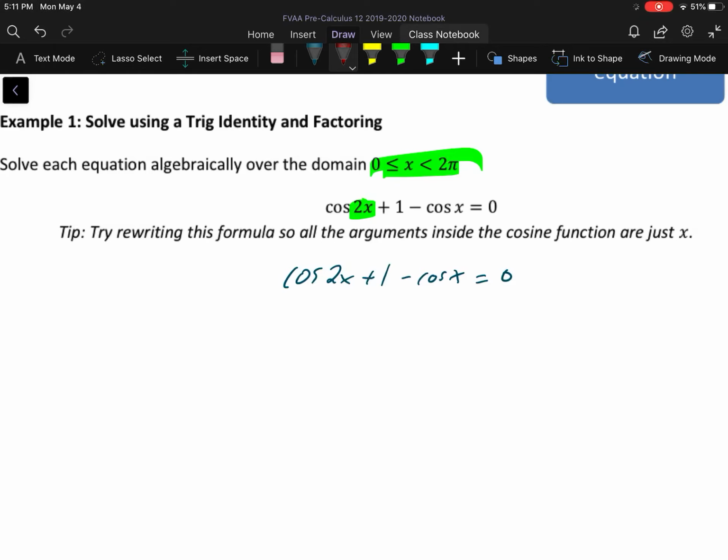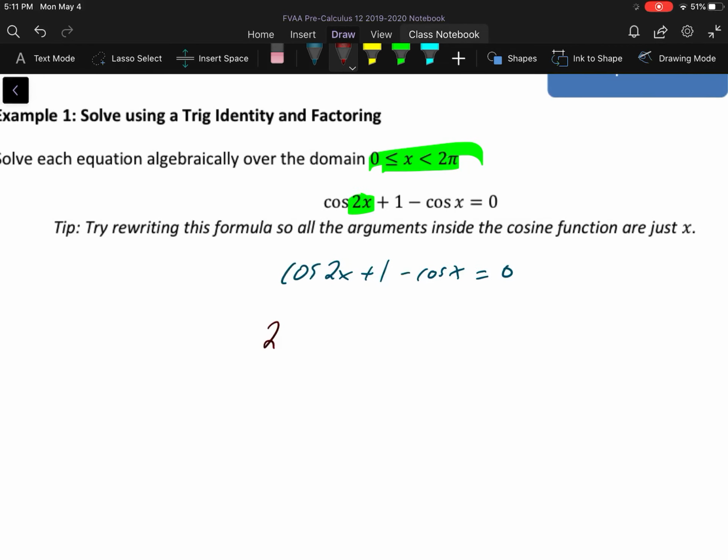And so I'm going to get 2 cos squared x minus 1. That's going to substitute in for the cos 2x, and then plus 1, and then minus cos x is equal to 0.